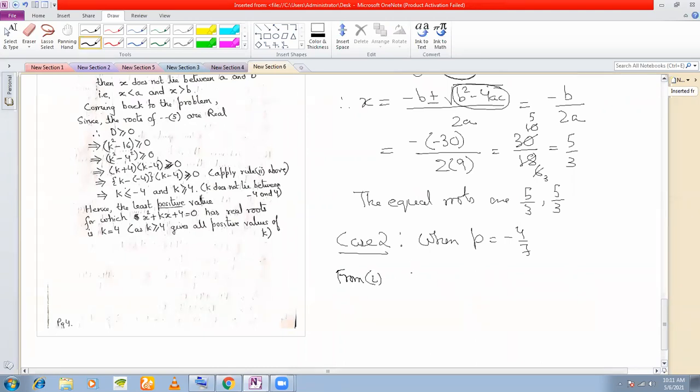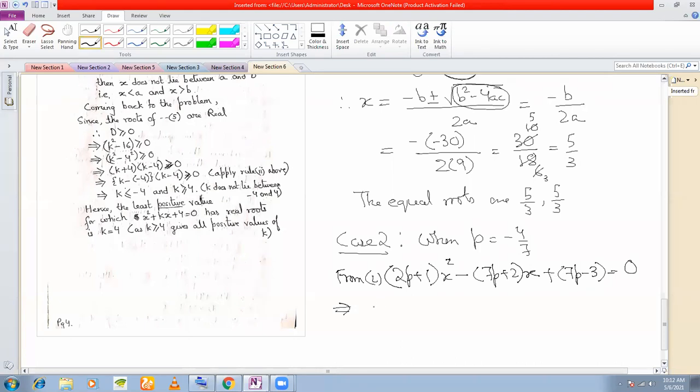Your given equation is 2p plus 1 x square minus 7p plus 2 x plus 7p minus 3 equal to 0.